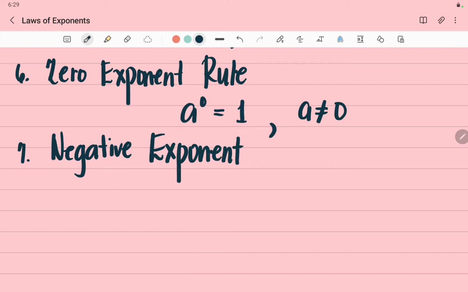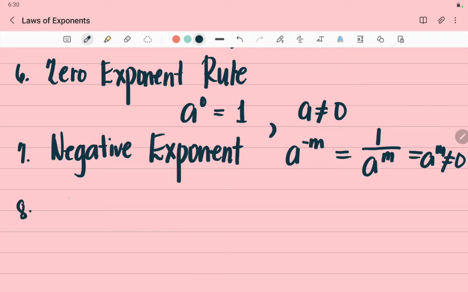So, if our power exponent is negative, just get the reciprocal, provided that a raised to m is not 0, or our reciprocal does not have a denominator of 0.